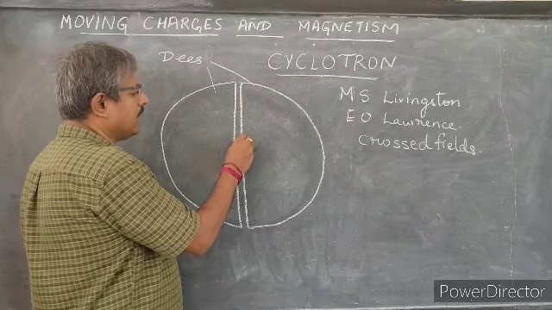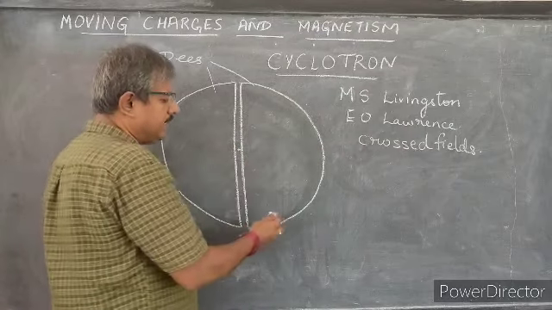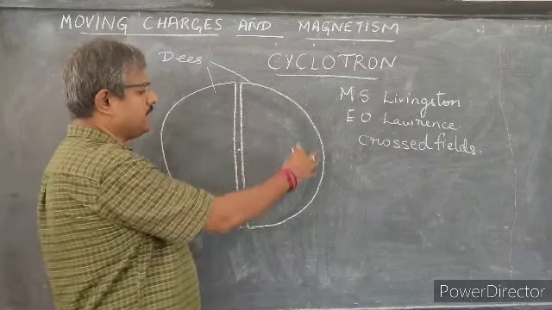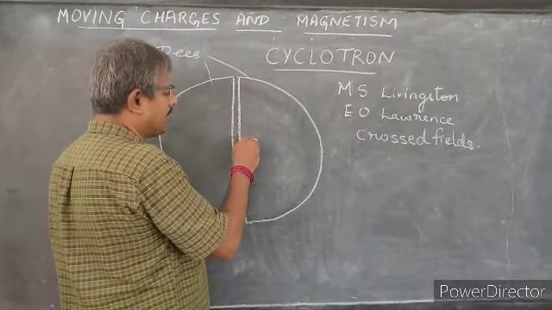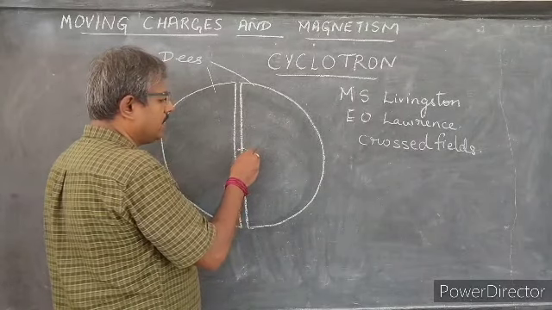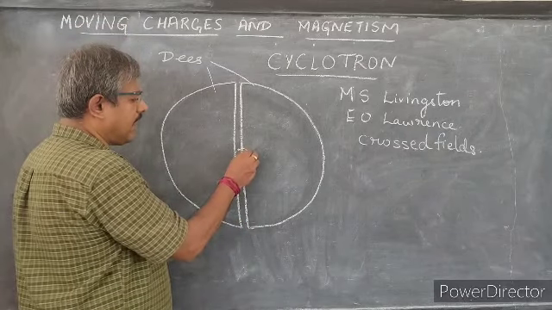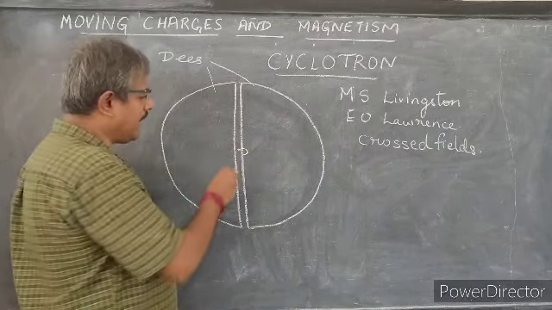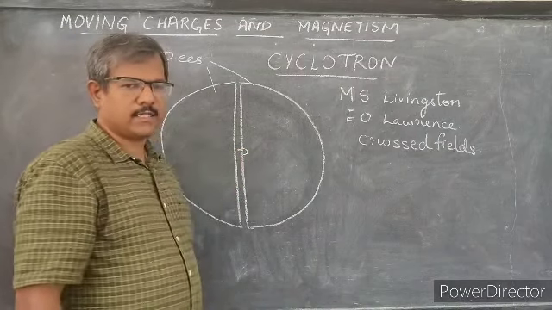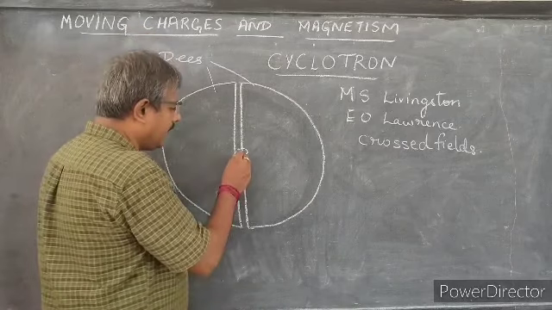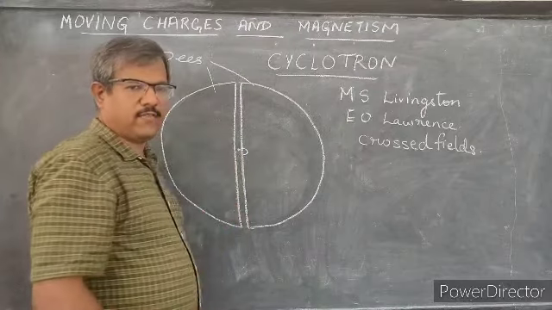The moment a charged particle is dropped here, the magnetic field present in both the discs starts acting on it and it starts executing a circular motion. But the moment it completes a half circle, it arrives at the interface of the two discs, and it's here that an electric field is applied.